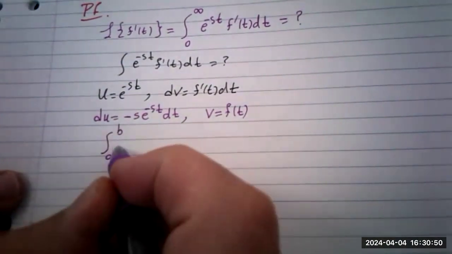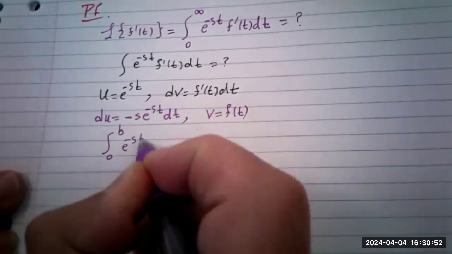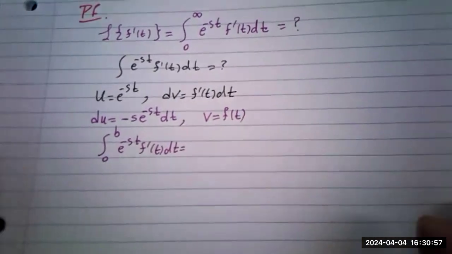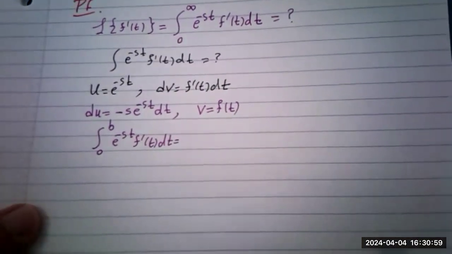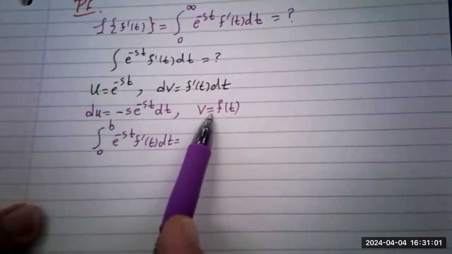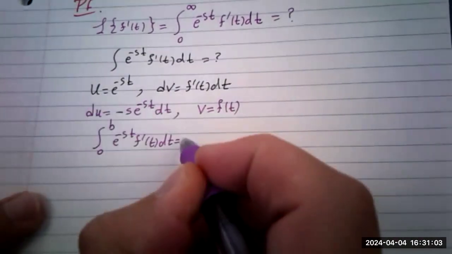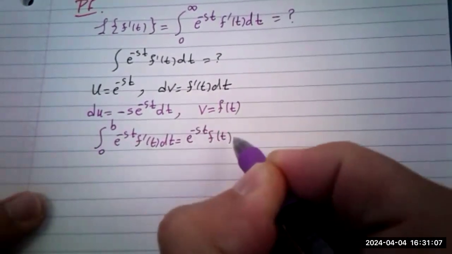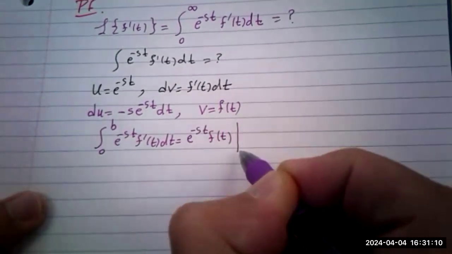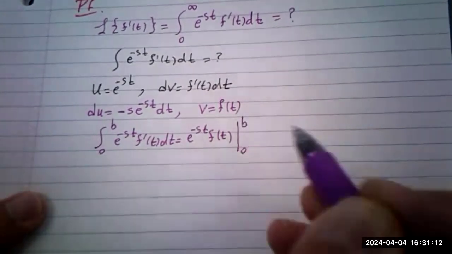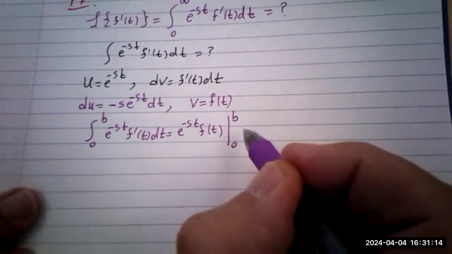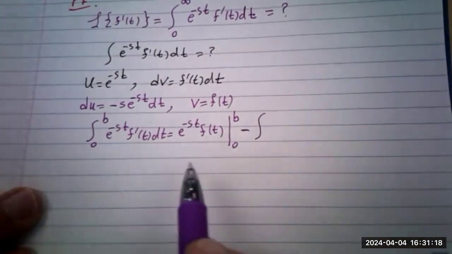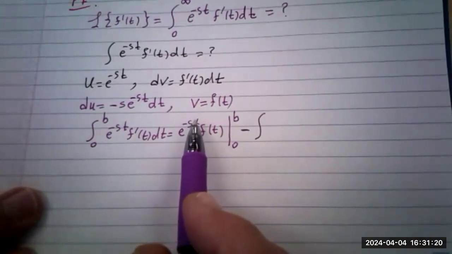So the integral of e to the negative st f prime of t dt is going to be equal, by the integration by parts formula, to uv, which is e to the negative st f of t, defined from 0 to b, minus the integral of v du.